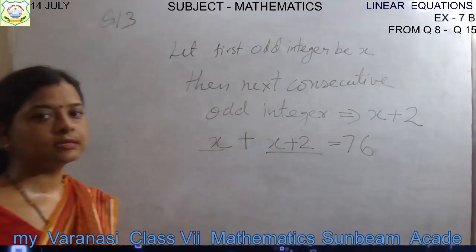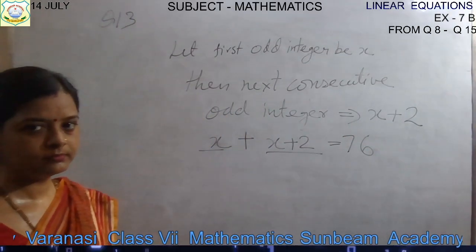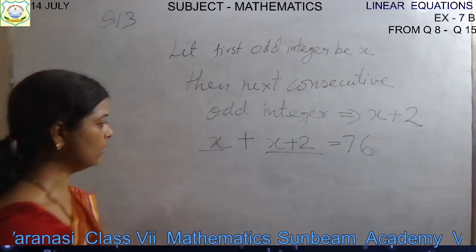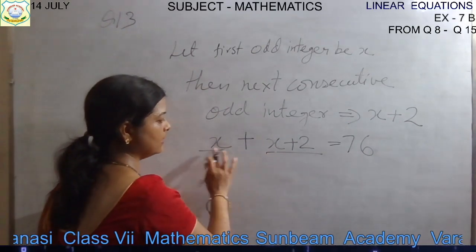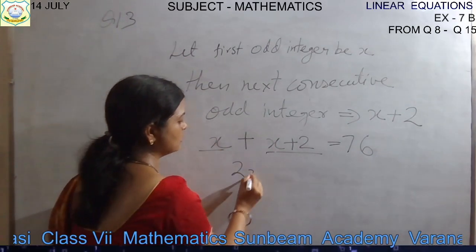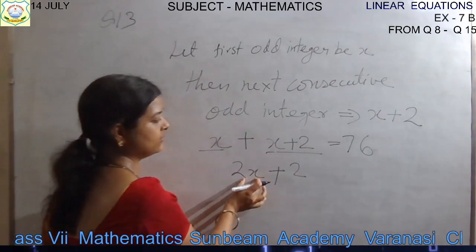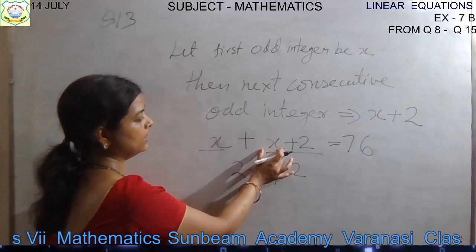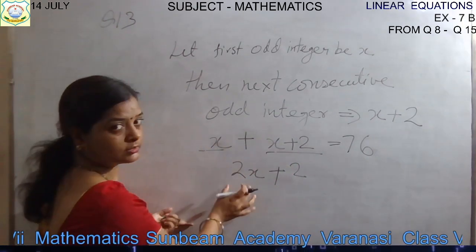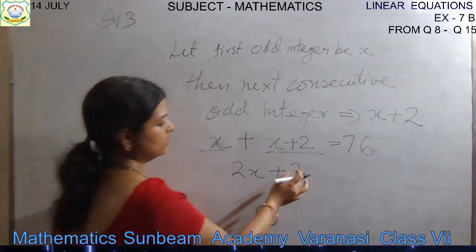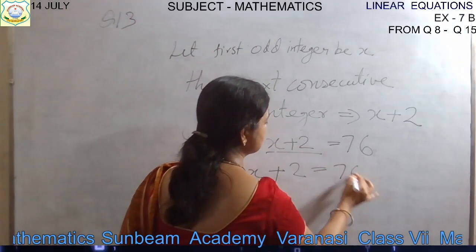Now let's solve it quickly. How many x are there? X plus x, that is 2x, plus this 2. This 2 will not be added with x, children. We can add only the same variable terms. Now that is equal to 76.